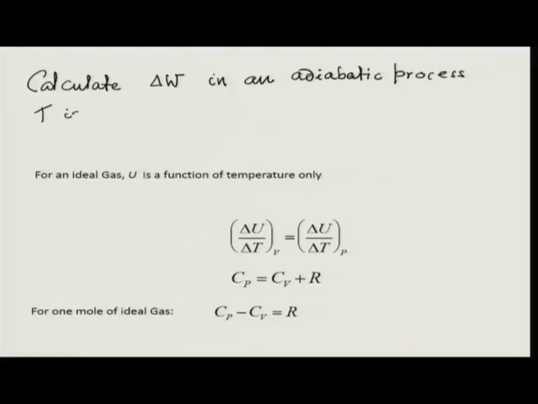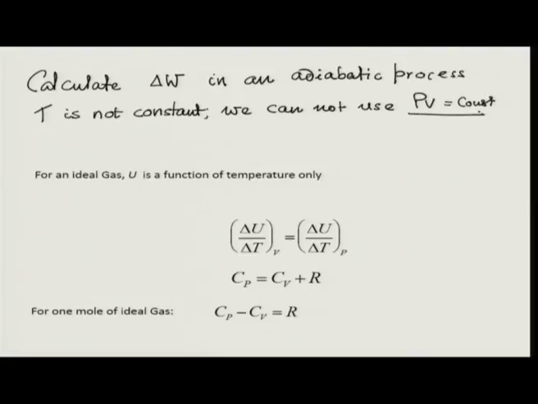T is not constant, we cannot use PV is equal to constant, which is RT.